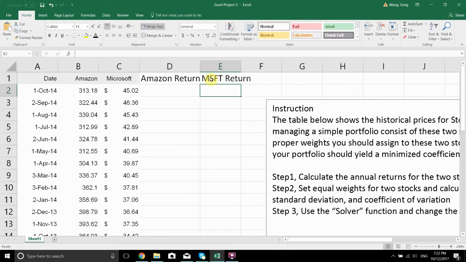Microsoft return. Well, knowing how to calculate a return based on prices is a requirement for my class. In your exam, I will not give you that formula, even though I will ask you to solve for it, but that formula will not appear on the formula sheet.